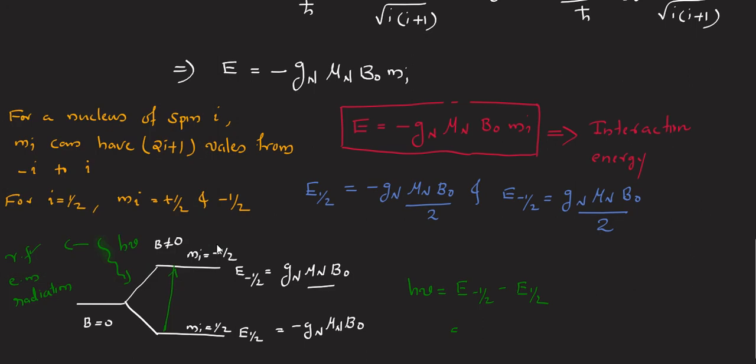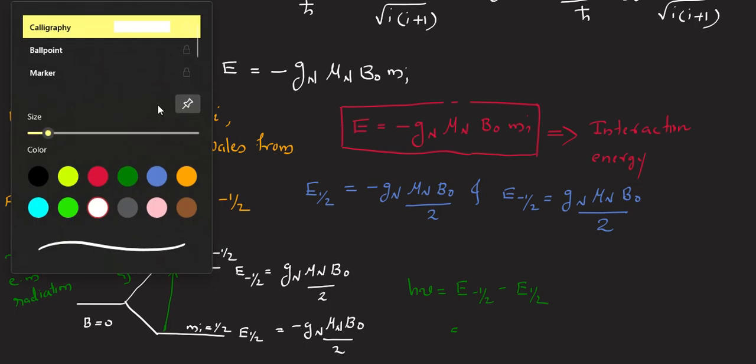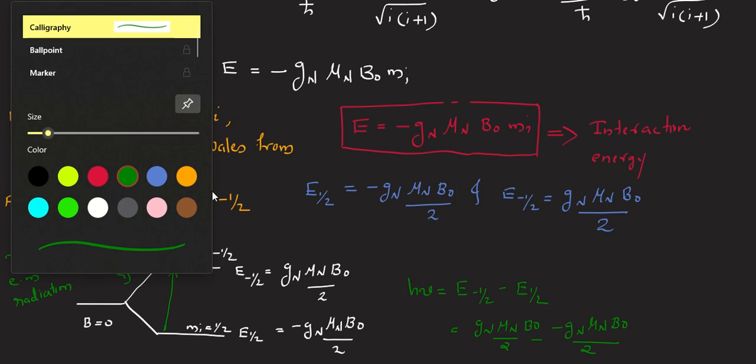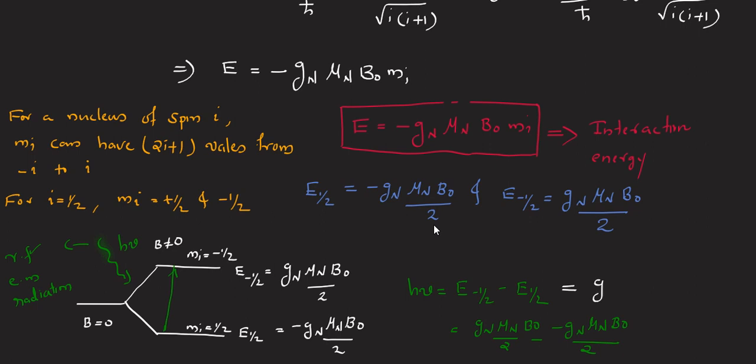The result is Gn mu n B0 by 2 minus Gn mu n B0 by 2. This is equal to Gn mu n B0.